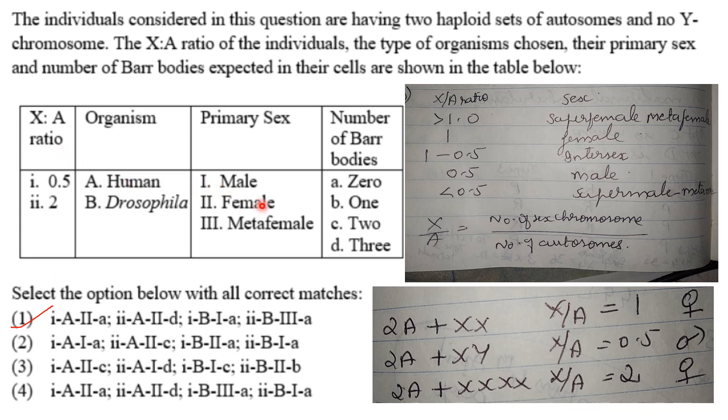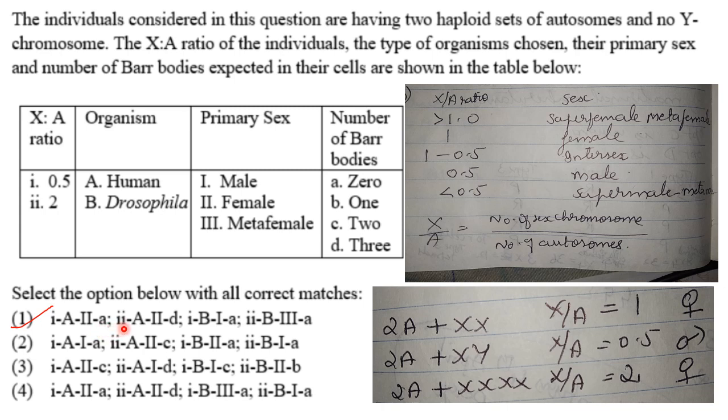0.5 human is a female. It is not a male because if you choose male option, then option 2 Drosophila is not matching. So we have to choose 0.5 A human is a female because in humans there is X0 condition and it is found in females. And the number of bar bodies will be 0.